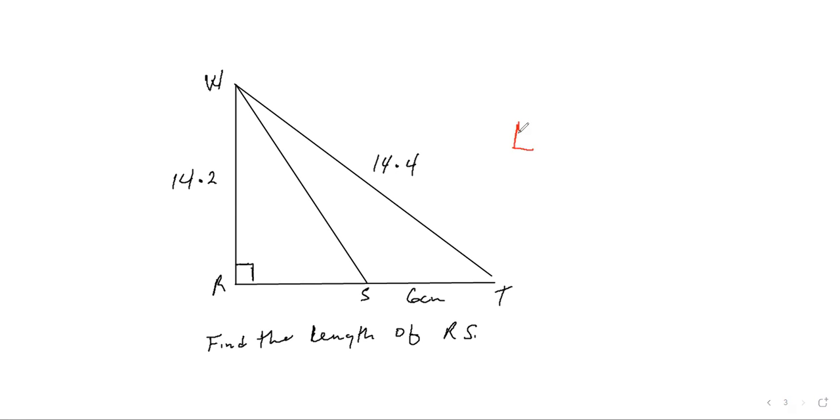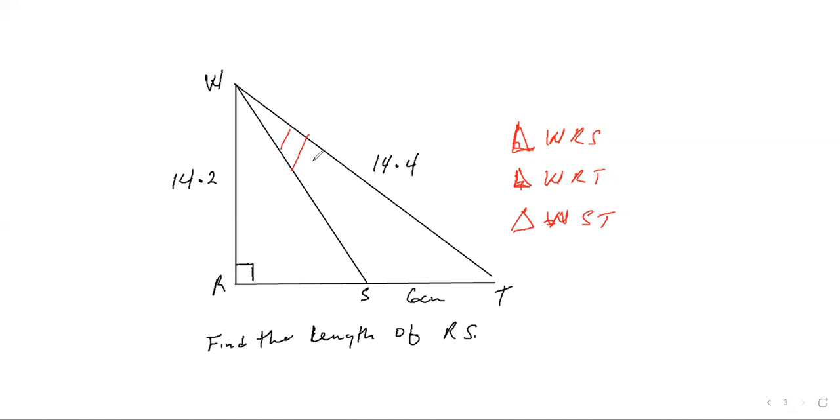The first right angle triangle we have would have been W, R, and S. The next right angle triangle we have would have been W, R, T. Then the other one we have is not a right angle triangle, that's just a triangle. That would be WST. WST is not a right angle triangle.